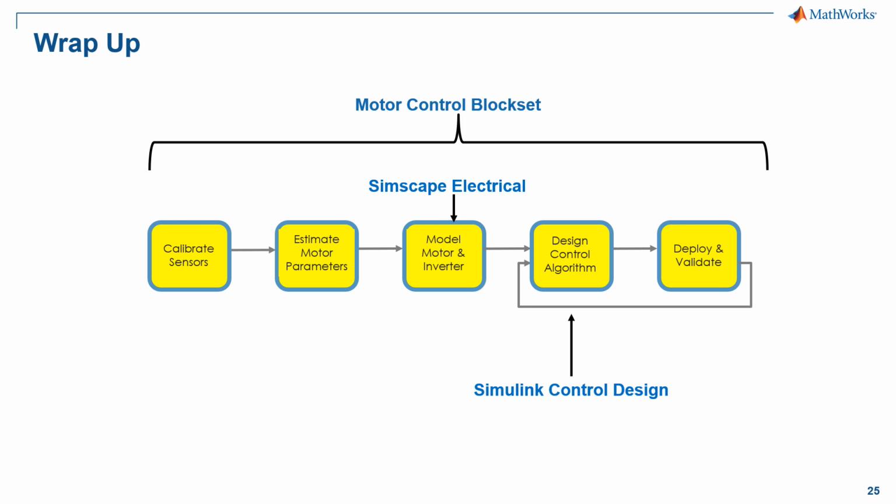For designing control algorithms, we talked about Simulink Control Design to help you analyze and tune the loop gains. Last but not least, Embedded Coder with Fixed-Point Designer allows you to generate efficient code for any target microprocessor. Hopefully with these capabilities, you can speed up your development process on motor control applications.